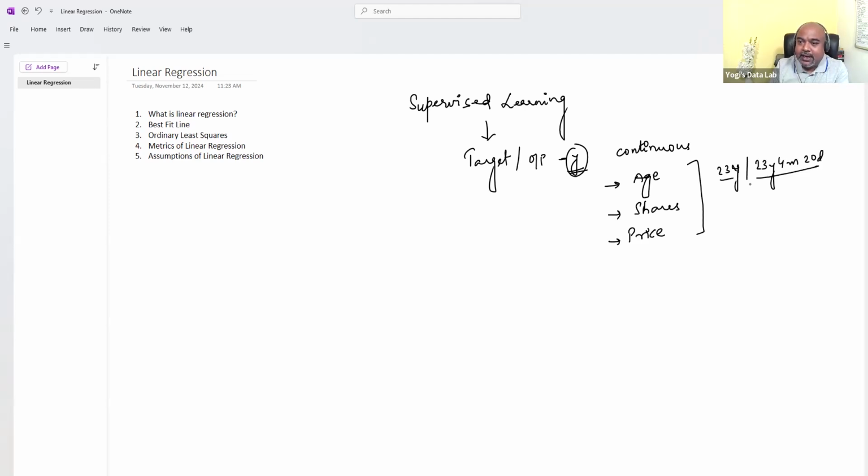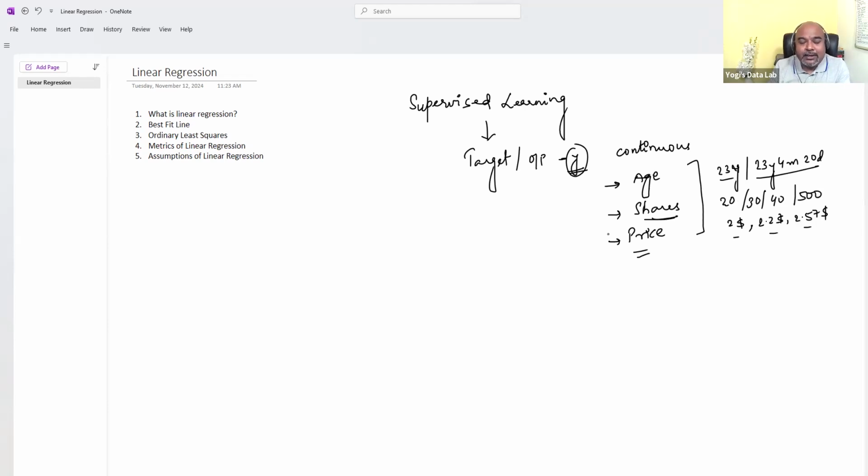So you see that I have data which is continuous. This is what I want to predict. When I talk about shares of a post, I can have 20 shares, 30 shares, 40 shares, or 500 shares of a post. For price, any product can be priced from $2 to maybe $2.2, or even $2.57. You don't know, right? So these are all continuous values.